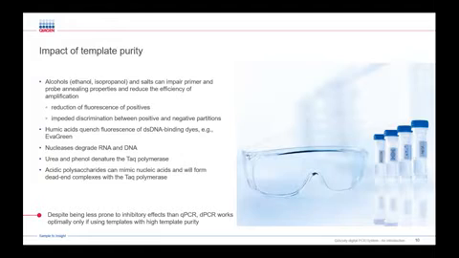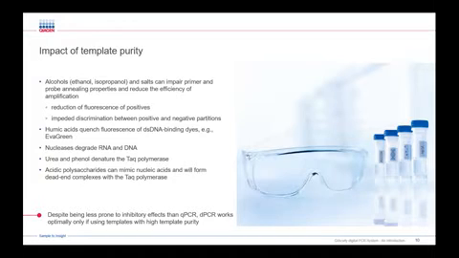This in turn will reduce the fluorescent signals in the positive partitions and will impede the successful discrimination between positive and negative partitions. Humic acids, frequently found in DNA isolated from soil, will quench the fluorescence of double-stranded DNA binding dyes such as EvaGreen.